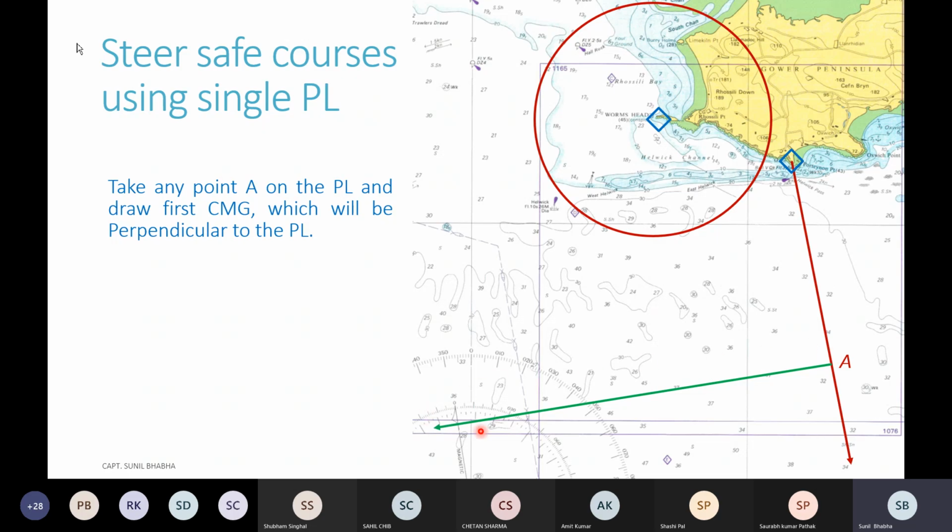You can see in this green color, I have plotted the initial course made good, the first course made good, and the direction of this course made good is perpendicular to the initial position line. Why have we taken a perpendicular? As we complete the plot, you will understand the reason why a perpendicular course made good has been drawn here. The course made good is represented by double arrows. So let's mark it with double arrows here.